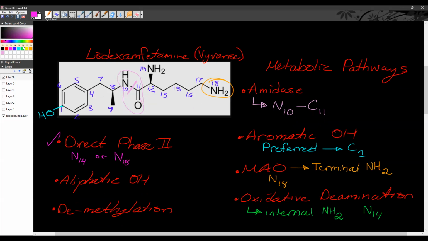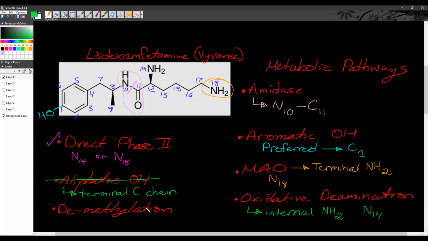Aliphatic hydroxylation. Where would it go for aliphatic hydroxylation? Well, exactly. It's not possible. Remember that aliphatic hydroxylation has to be on a terminal carbon chain, right?